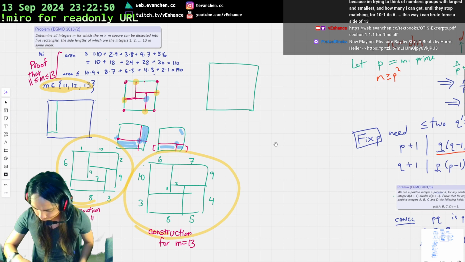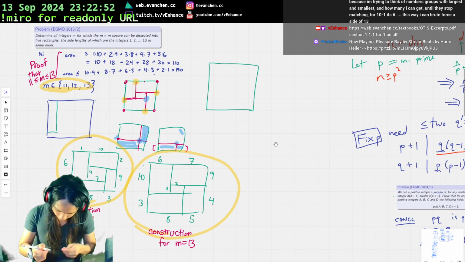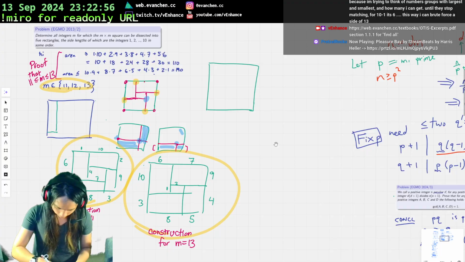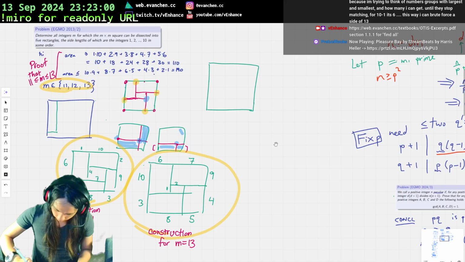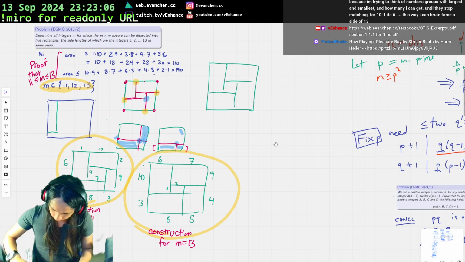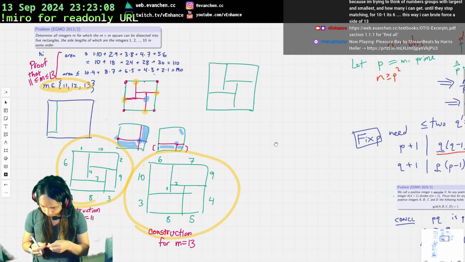Okay, anyways, back to... I feel like there's parity obstructions for 12 though. Or even mod 4 obstructions, maybe?